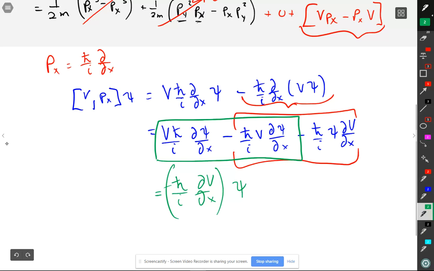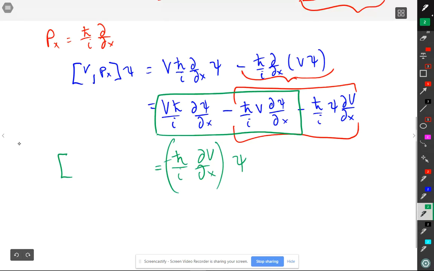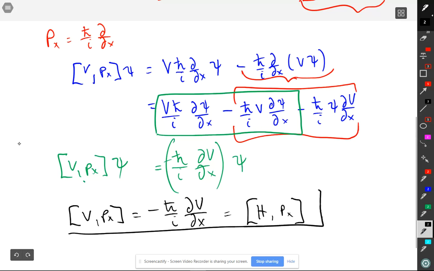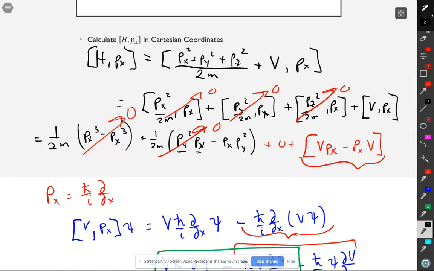I'm not taking the derivative of psi, just taking the derivative of V. And so that means I must have an equivalence that, and remember, this last equality is because I had already determined that HPX was just equal to VPX.